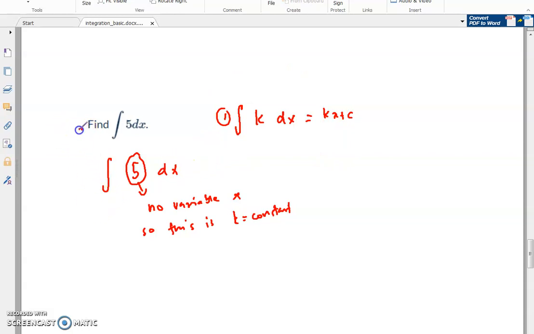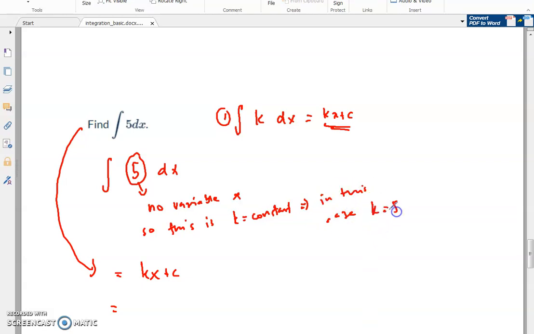So in order to answer this kind of question, you are going to get the answer kx plus c, where k now is equal to, in this case, k is equal to 5. So you are going to get here, the final answer will be 5x plus c. So then you can get the final answer.